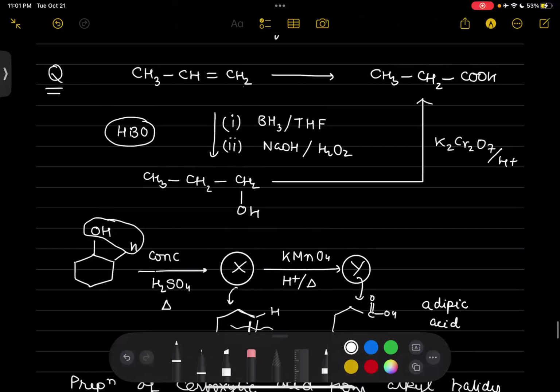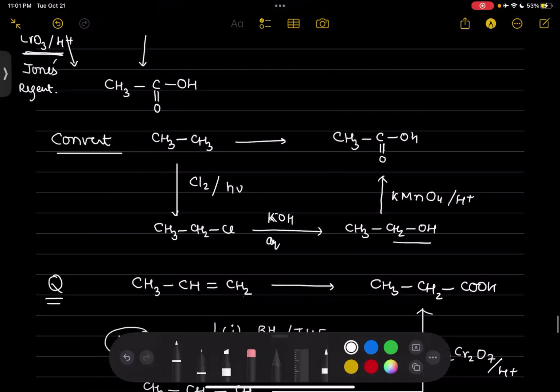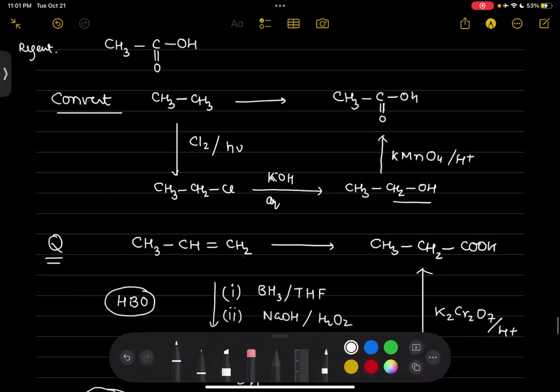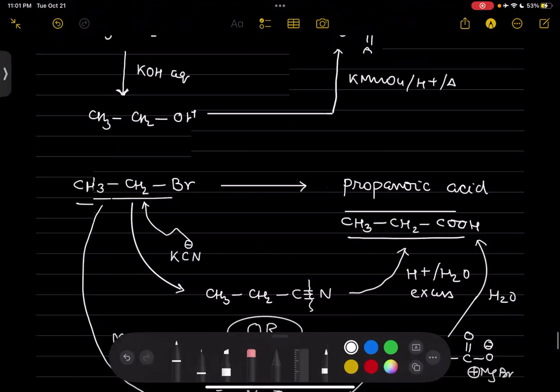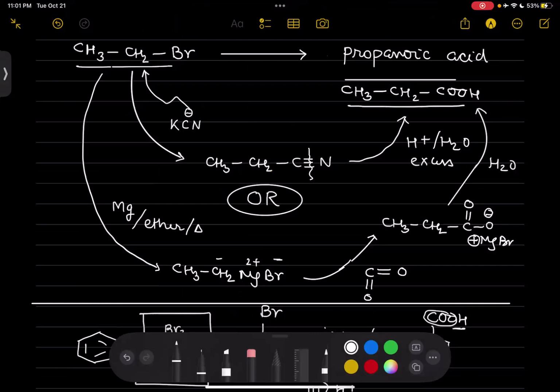Next, these are some methods which were connected to both the alcohols and carboxylic acid chapters. So, okay, next is, if you want to increase carbon atoms, take halogen, KCN, and hydrolysis, or this is the most common method, make it Grignard and use CO2.